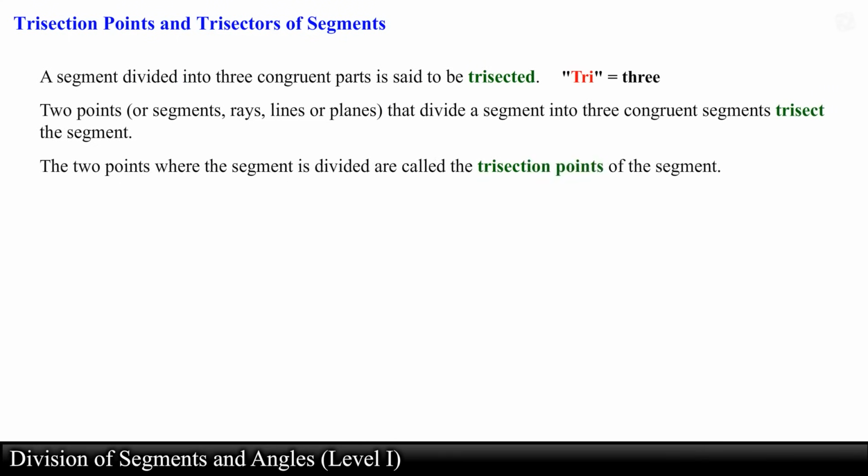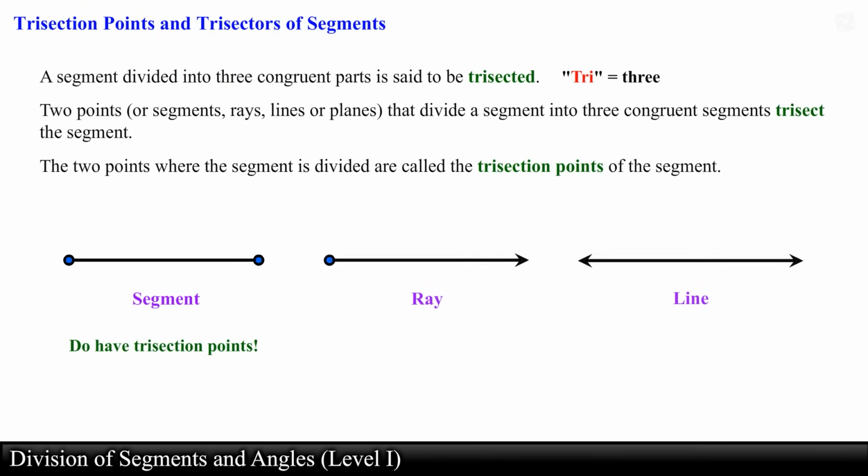The two points where the segment is divided are called the trisection points of the segment. Recall that midpoints are associated with segments. In the same manner, trisection points are also associated with segments. This means that rays and lines do not have trisection points.